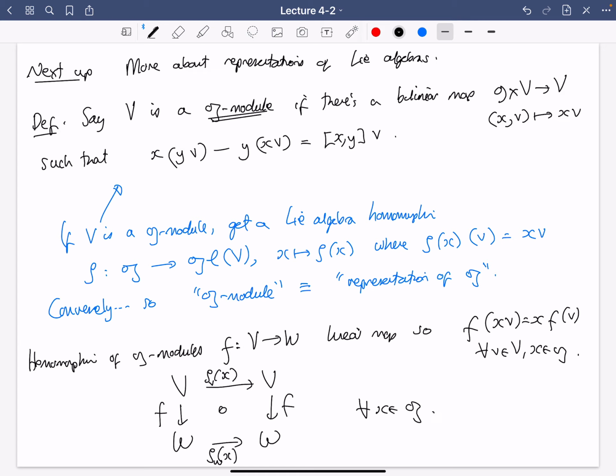So it's just the same notion, written in the language of Lie algebra homomorphisms. Okay, so we're going to be very interested in representations of our Lie algebras, in G modules in this sense.